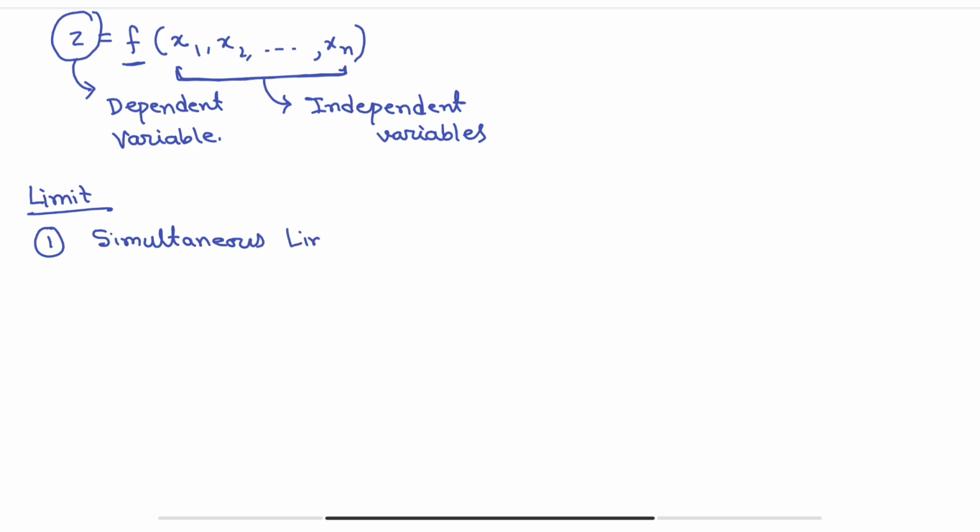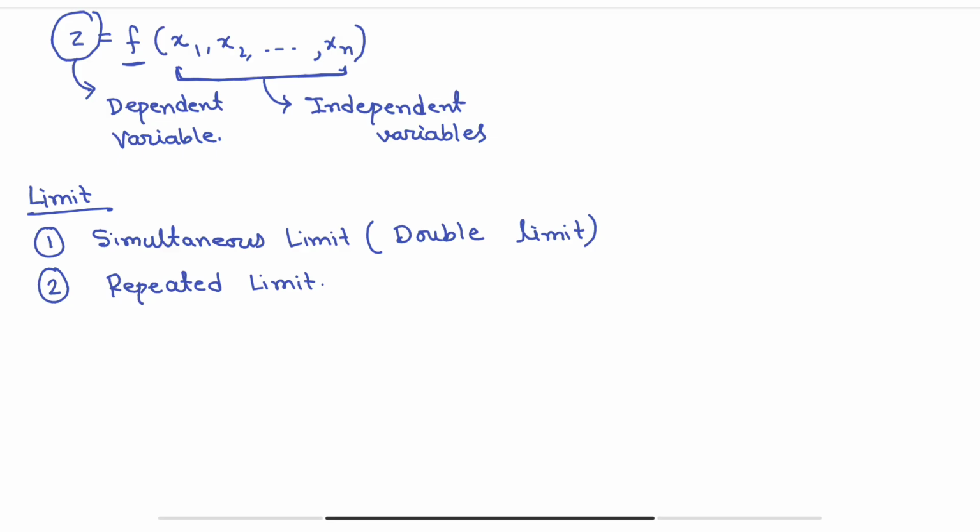Simultaneous limit is also called double limit. And the second one is repeated limit.